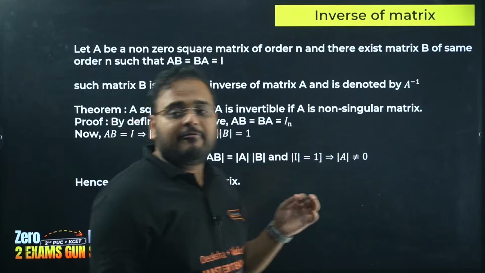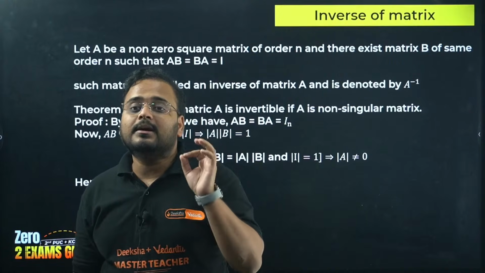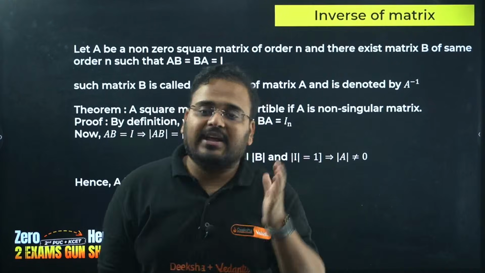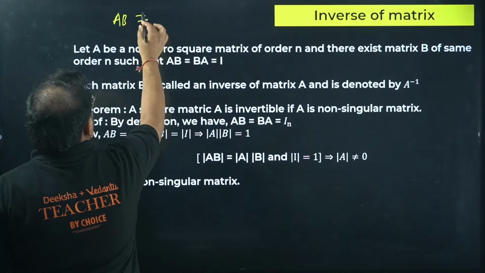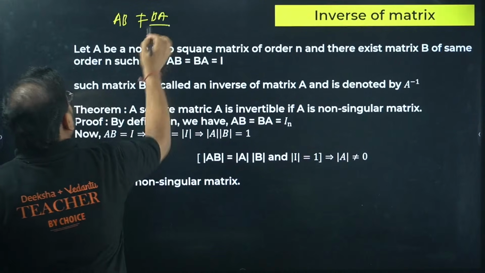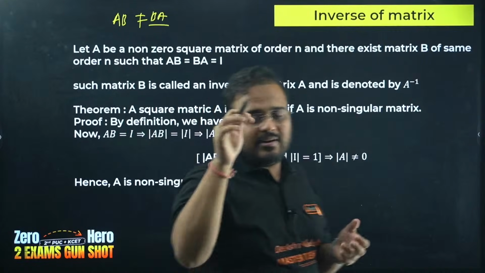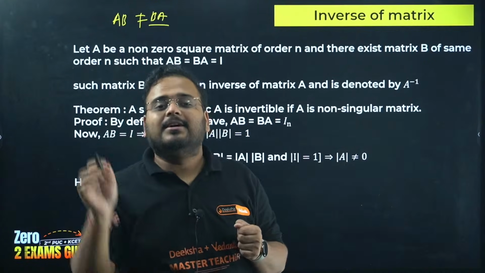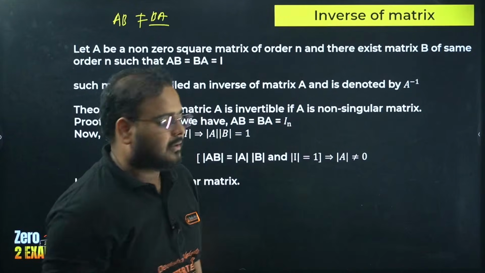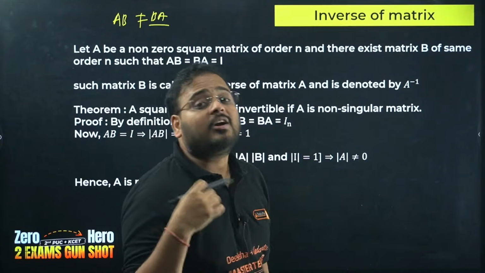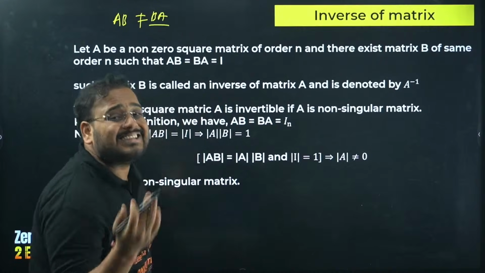Remember, we have learnt in matrices that AB equal to BA is not always true. AB is not equal to BA. The property was that matrix multiplication is not commutative in general.